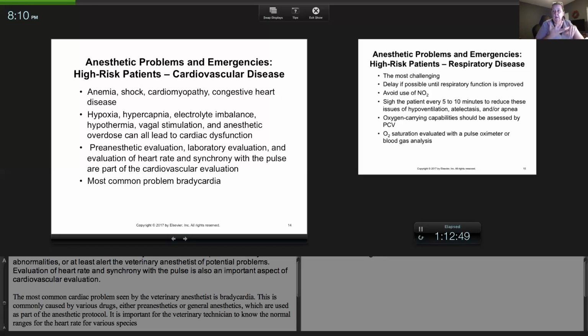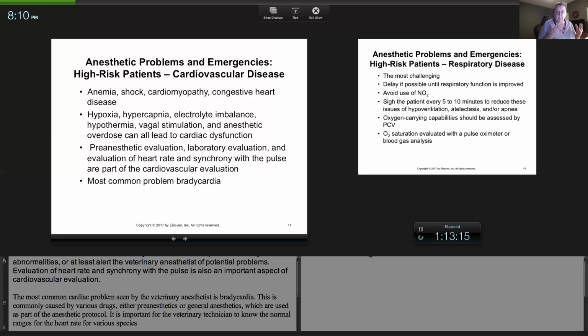Now, bradycardia comes from alpha 2s, and that's very normal. But that's part of when you understand your drugs. Remember I told you guys, please remember this. If I'm doing anesthesia and my dog has a heart rate of 40, I better see that he got dexdomitor.